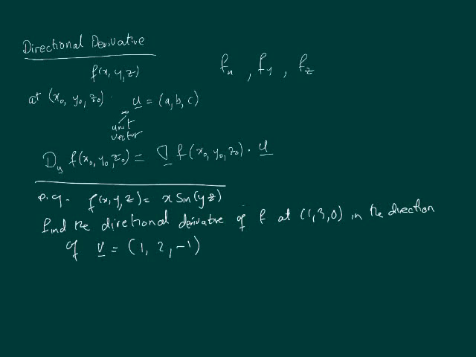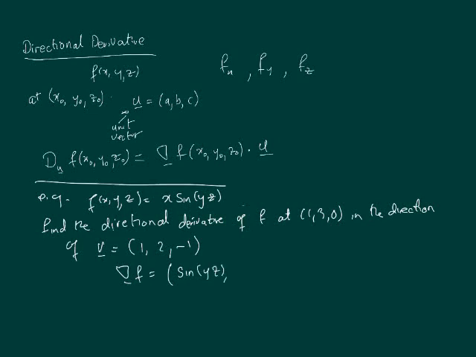Now remember, this is a vector v, and we're not interested in the vector v. We want to isolate the direction of v. So that means we're going to have to normalize it. Let's do that in a second. First thing we need is to calculate grad f. So grad f is going to be the x derivative of f, first of all. So that's going to give me sine yz here.